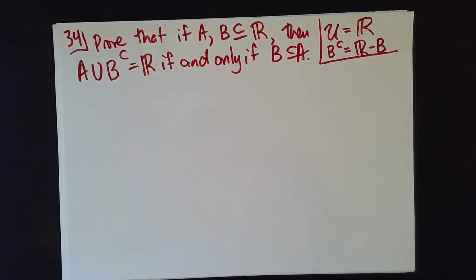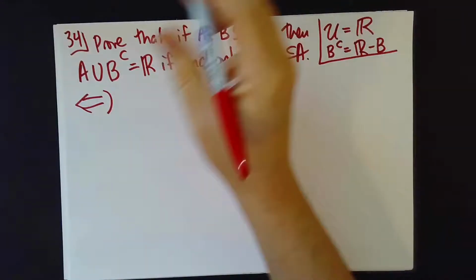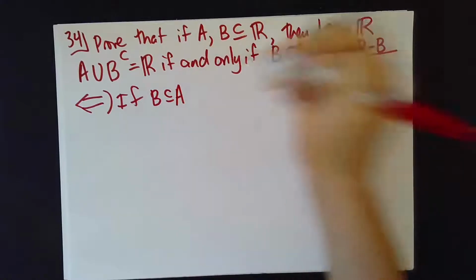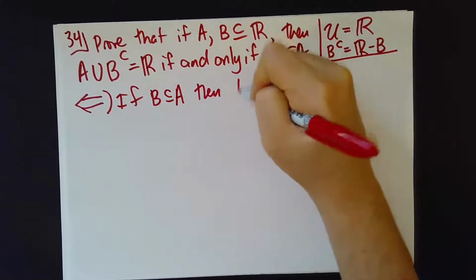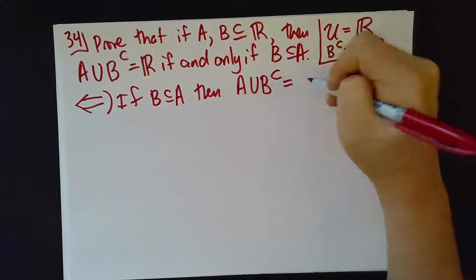And the direction you said you were struggling with was the backwards direction. So the backwards direction says if B is a subset of A, then A union B complement is R.